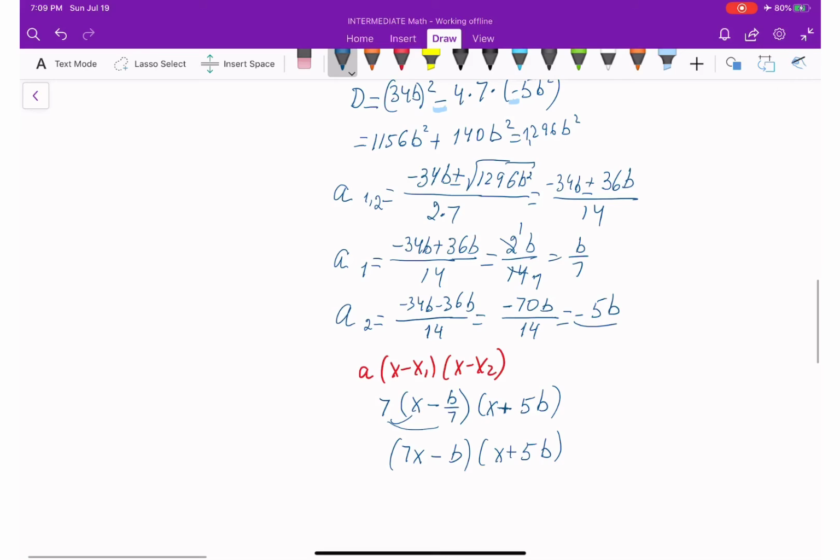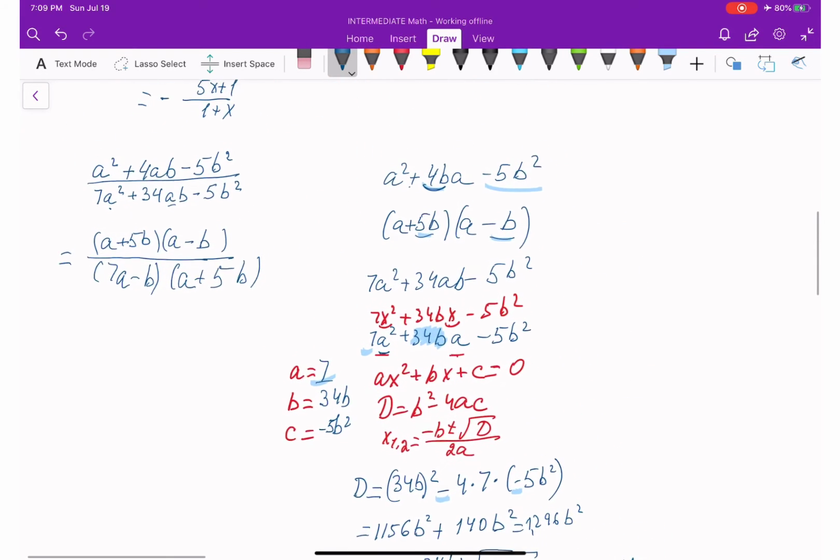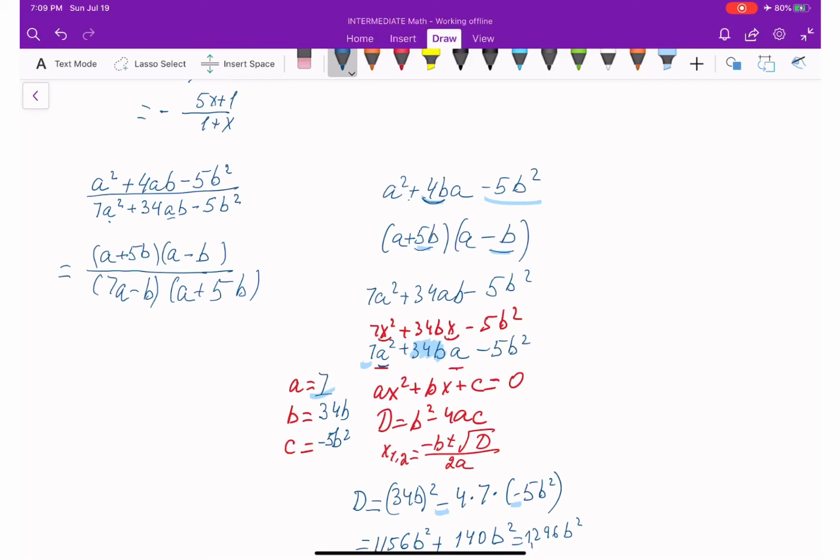So x minus x1, instead of x we have a, so it's going to be a minus b over 7. Here also will be a plus 5b, and the result is 7a minus b and a plus 5b. Okay, we corrected. And what do we have here? I'm canceling a plus 5b, and I will have a minus b over 7a minus b. Okie dokie.